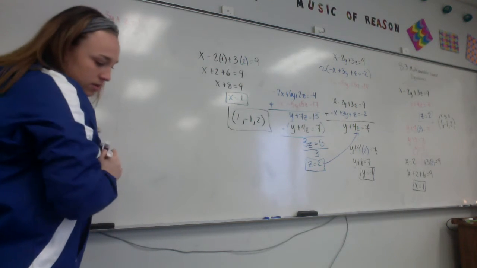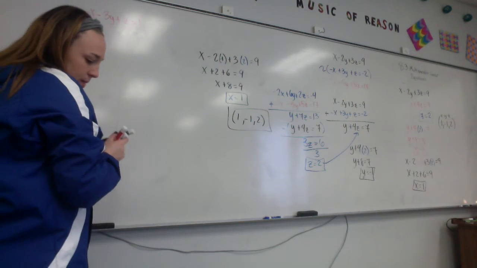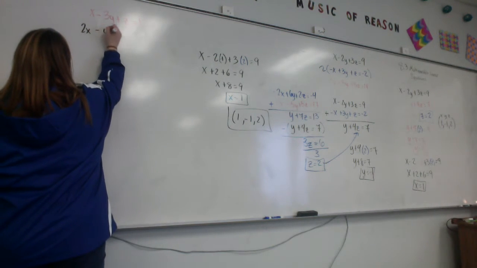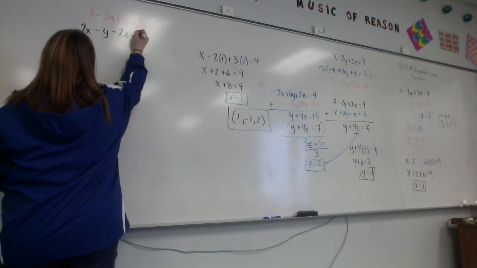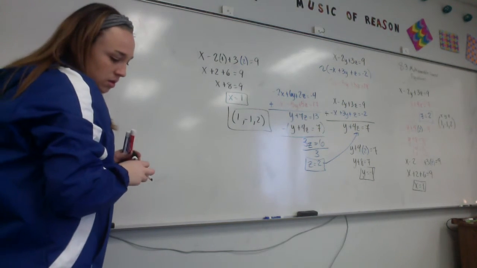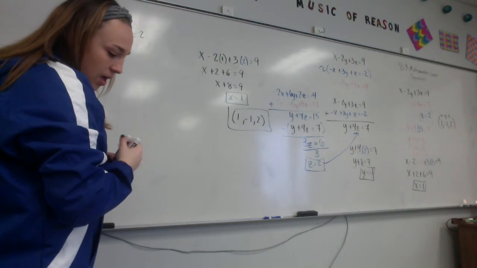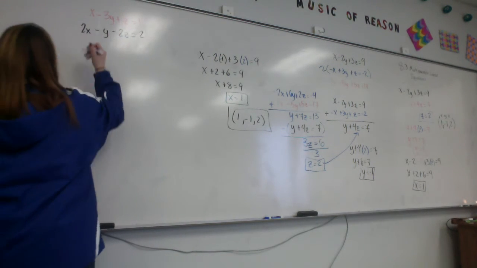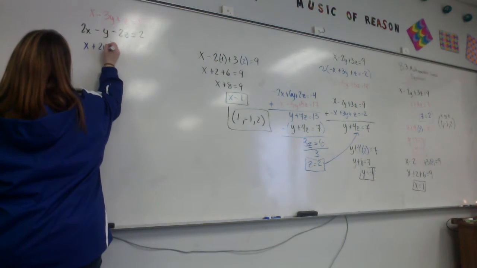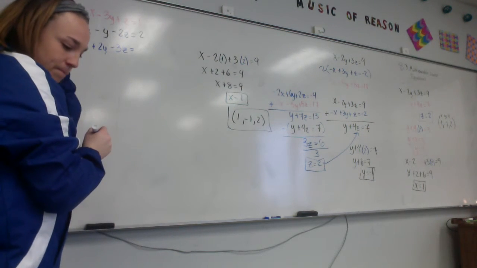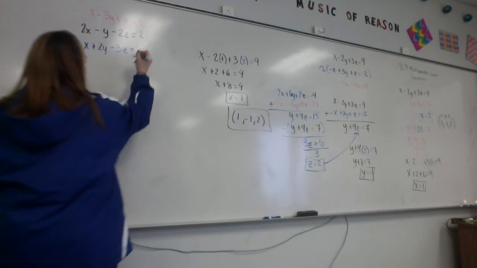And then we're going to do 2x minus y minus 2z equals 2. And then we're going to do x plus 2y minus 3z equals negative 1.